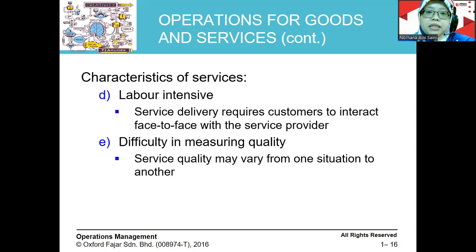We have labor intensive. So what is labor intensive? Service delivery requires the customer to interact face to face with the service provider. For example, for a person who works in customer service, sometimes we prefer to go to the counter instead of making a phone call.